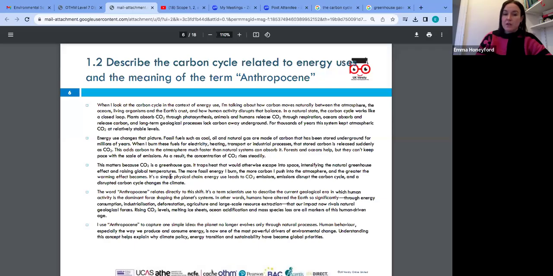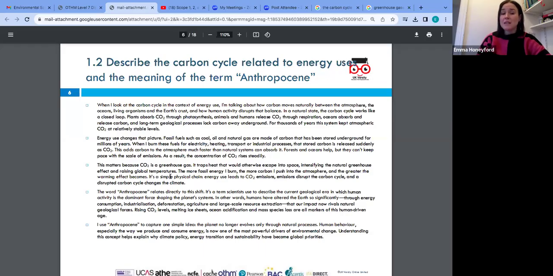Then came the use of energy, especially fossil fuels, such as oil, coal and natural gas, because these are made of carbon that's been stored underground for millions of years. When we burn these fuels for electricity, heating, transport or industrial processes, that stored carbon is released suddenly as CO2.